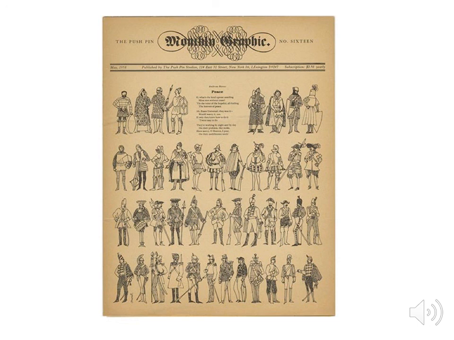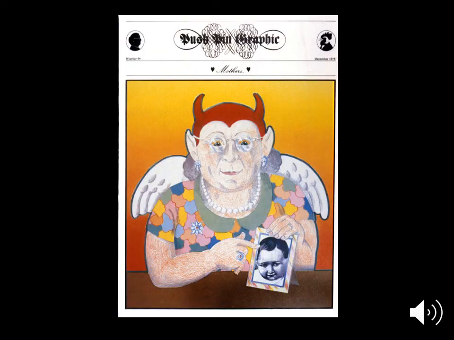A taste for things old-fashioned was returning, Victorian typography and ornament, apparently as a reaction to what was perceived as cold, humorless modernism. They changed the name first to the Pushpin Monthly Graphic, and then later on the Pushpin Graphic, dropping the monthly part because they could never keep up with the publishing schedule.